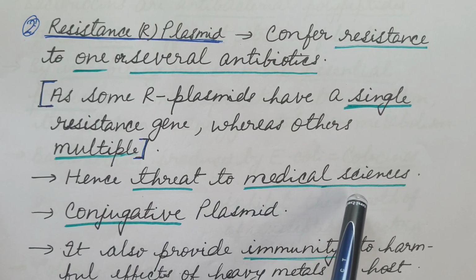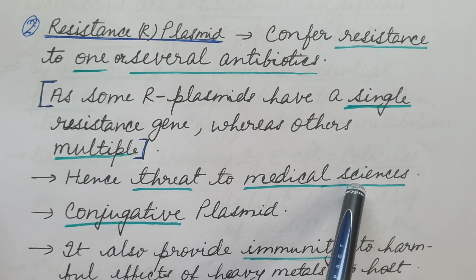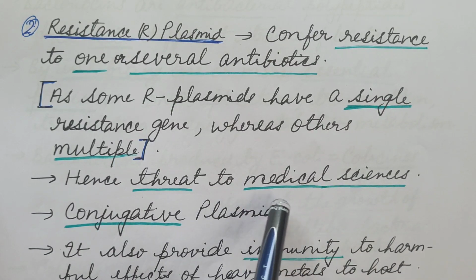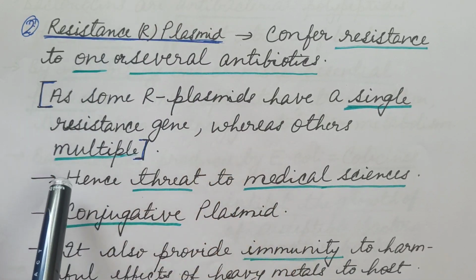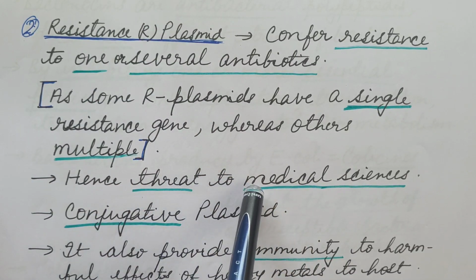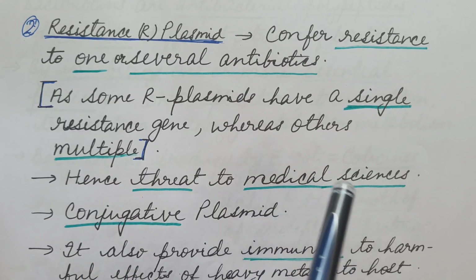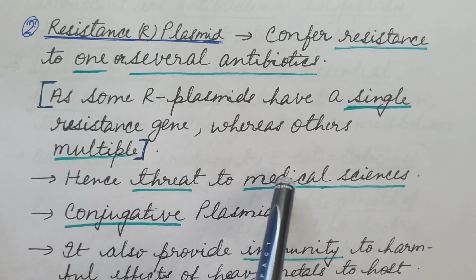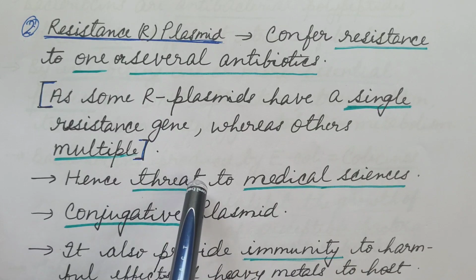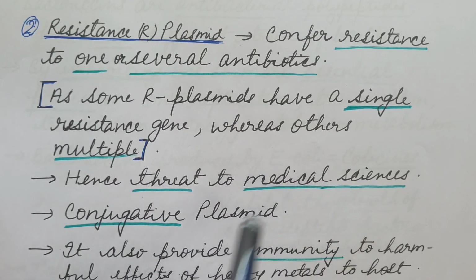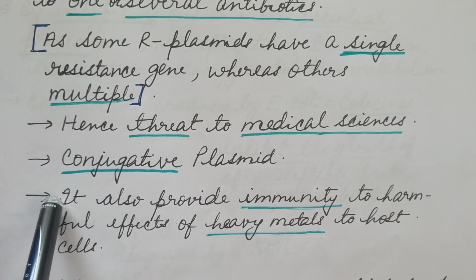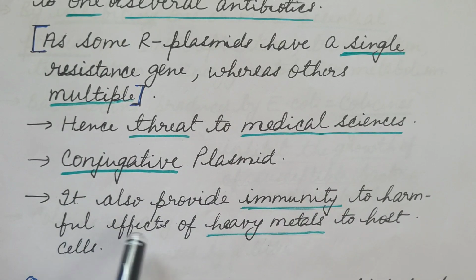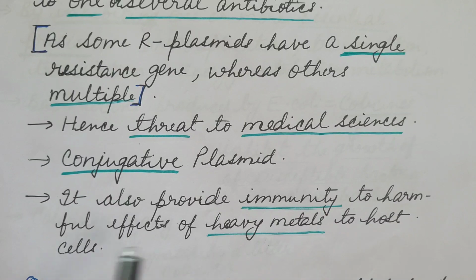Hence, these are a threat to medical sciences because if a bacterial infection is caused by a bacterial cell in which the R plasmid is present, then it is resistant to antibiotics. Hence, this type of infection cannot be treated by that particular antibiotic. R plasmids are conjugative plasmids. They also provide immunity to the harmful effects of heavy metals to host cells.